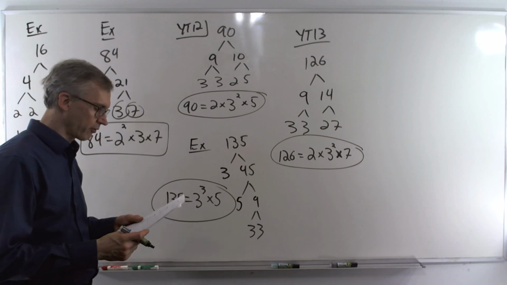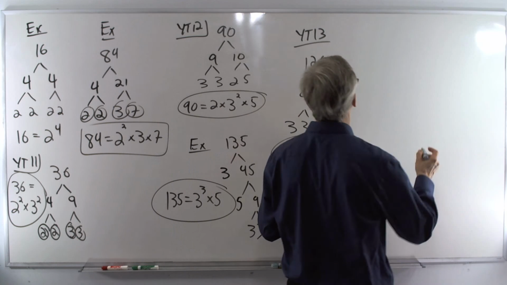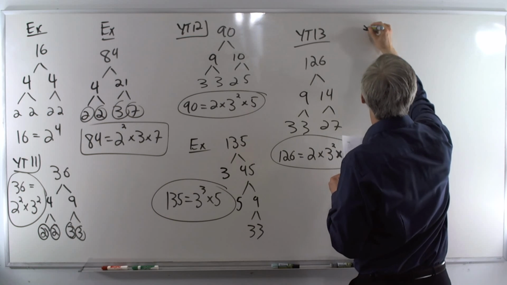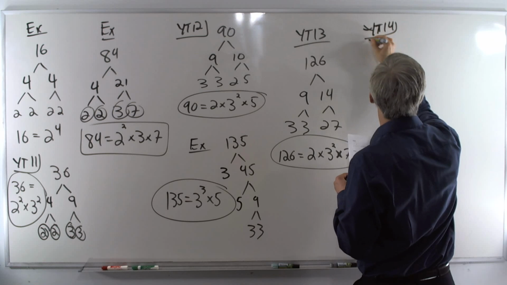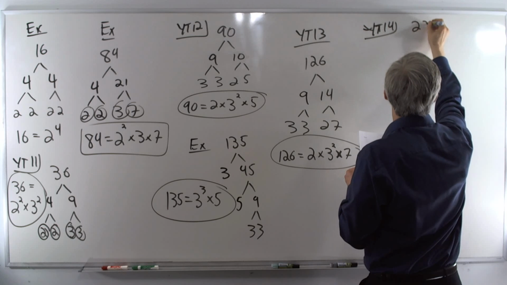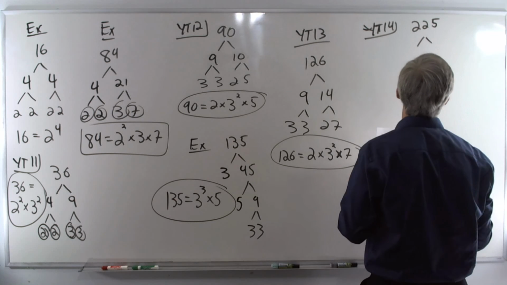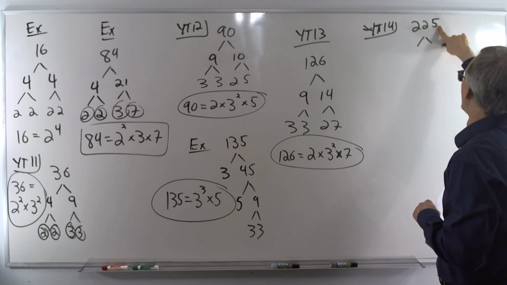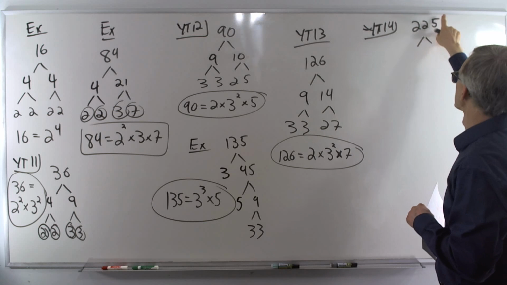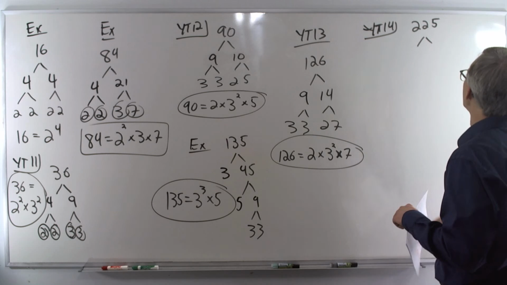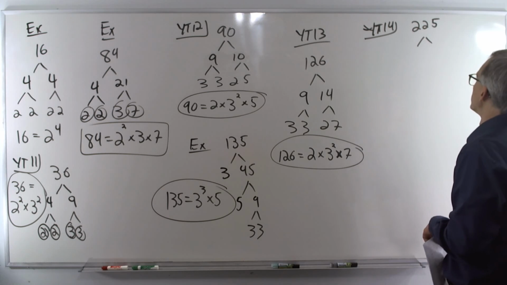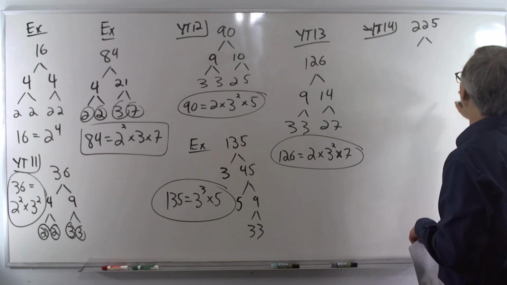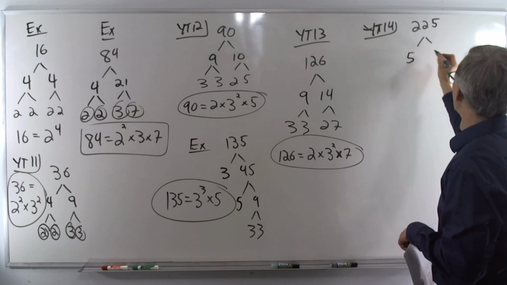Next up, your turn number 14, 225. It ends in 5, so it's clearly divisible by 5. 5, 6, 7, 8, 9. 9 is the sum of the digits, so it's divisible by 3. Ends in 5, so it's not divisible by 2. All right, so I'm just going to do 5 along with something else.